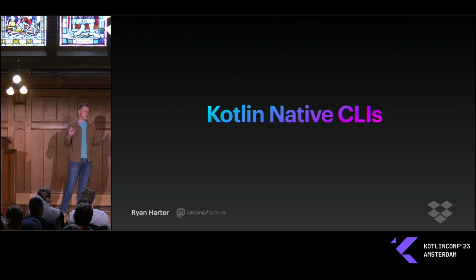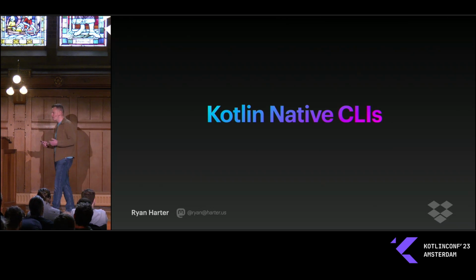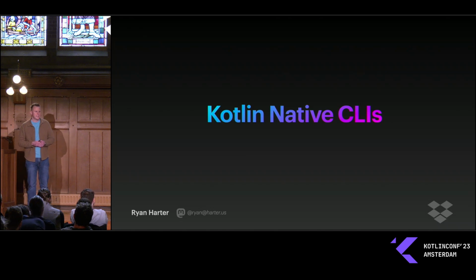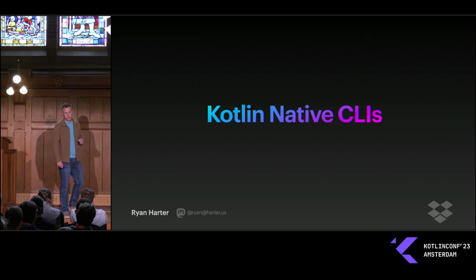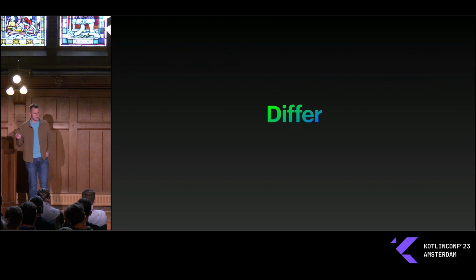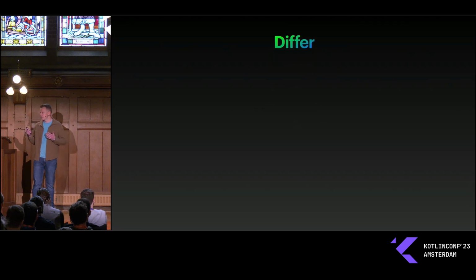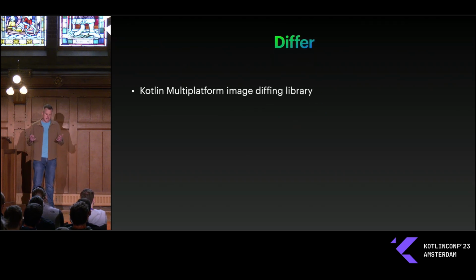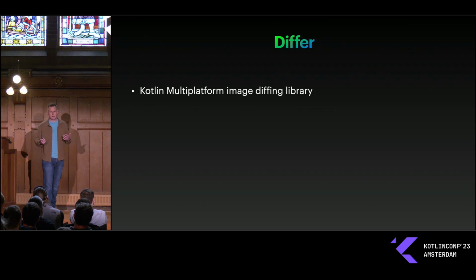Today I wanted to share with you some exploration and experimentation that I've done with using Kotlin Native for CLIs. In order to do that, I'm going to be using an open source project of mine at Dropbox called Differ. Differ is a Kotlin Multiplatform image diffing library.